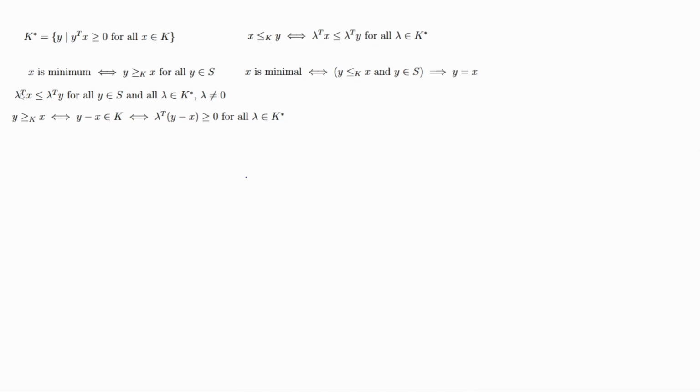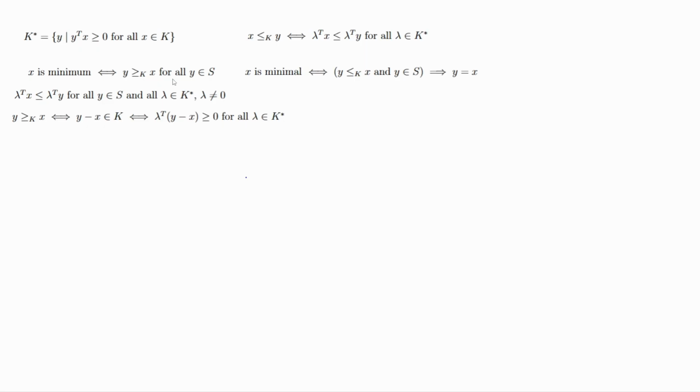So x minimizes every linear function over S, where lambda is in the dual cone. So this is incredibly powerful. So instead of checking the geometric condition, we can check many optimization problems. Does x minimize lambda transpose y over y in S for each lambda in K star?